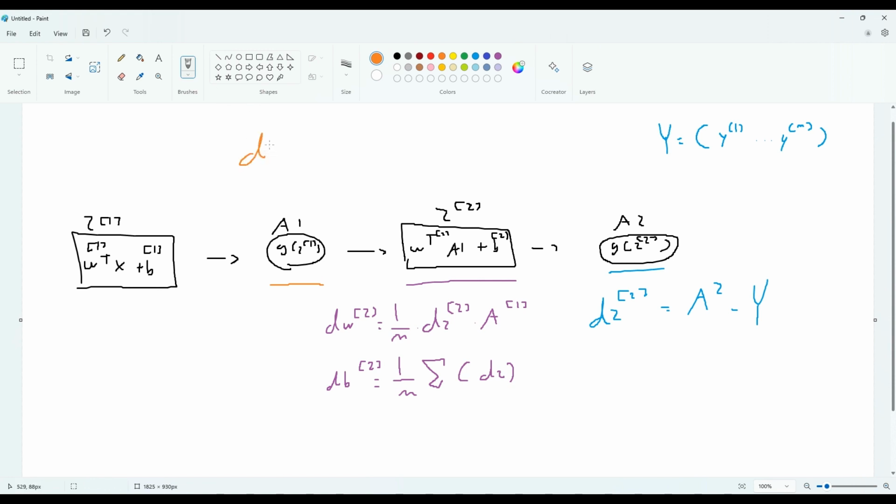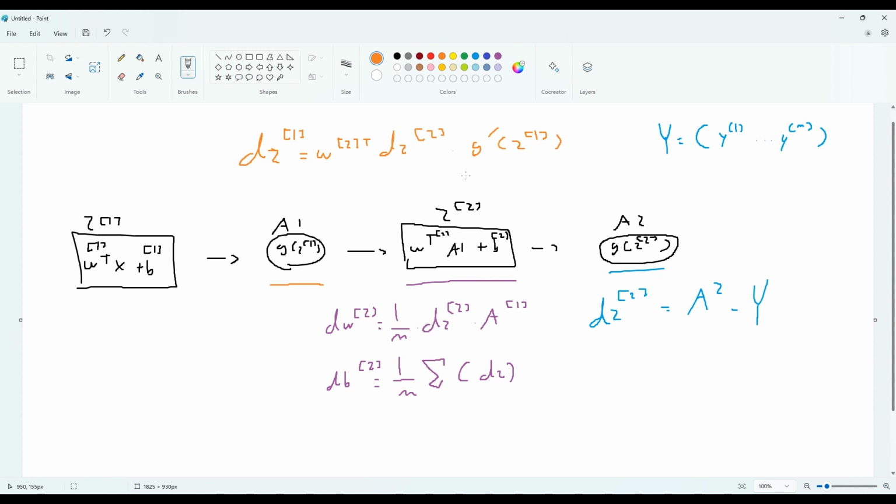So the derivative of z1 is going to equal w2 transpose times the derivative of z2, times the inverse, the derivative of our activation function applied to z1, right?